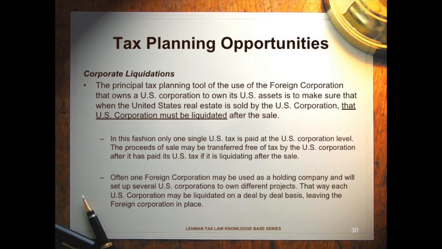We're going to have just a quick review of three of them. Now, the first one will be the fact that a non-resident alien can come here to the United States and open up a corporation in the United States.